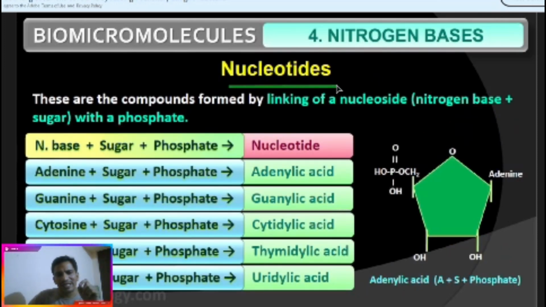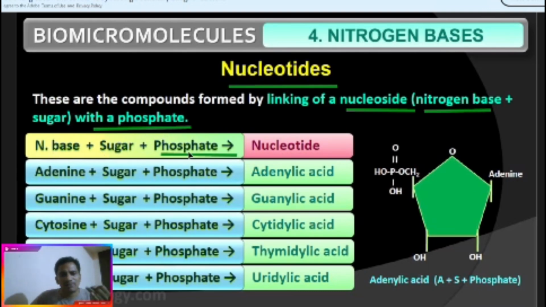What are nucleotides? Nucleoside means nitrogen base plus sugar. Now, with the same nitrogen base and sugar, we should add the phosphate. Then it becomes a nucleotide. These are compounds formed by the linking of a nucleoside with a phosphate group. Nucleoside, as already learned, is nitrogen base plus sugar, and I have to add the phosphate.